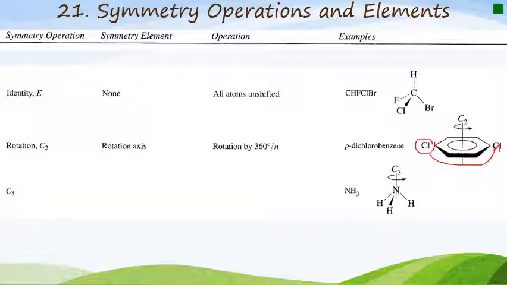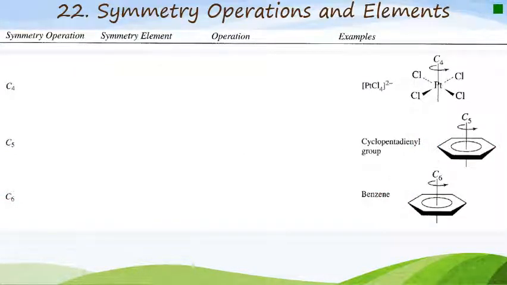Then we have the C3 symmetry operation, which means that we again have a rotation axis, and that is rotation by 360 degrees divided by n, where n is equal to 3, so that is a 120 degree rotation. You can see that there's one rotation here, 1, 2, and then this one at the back there like that.